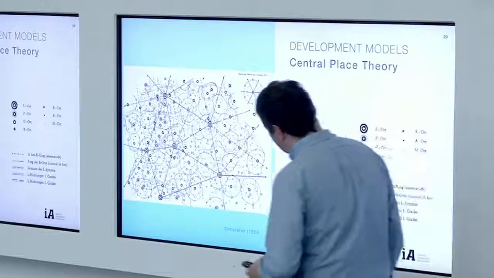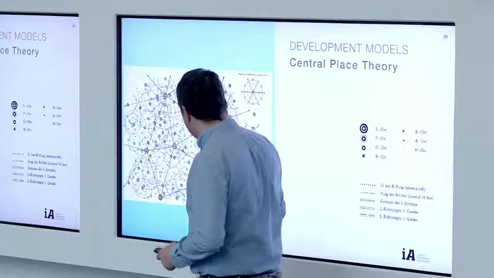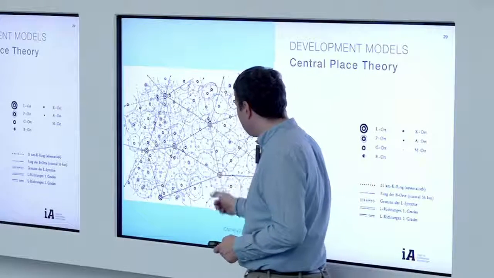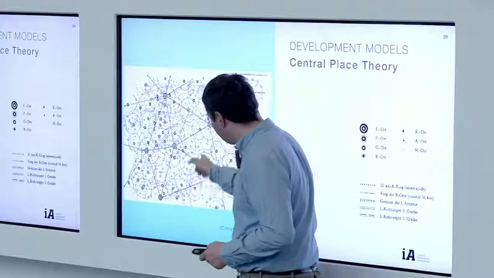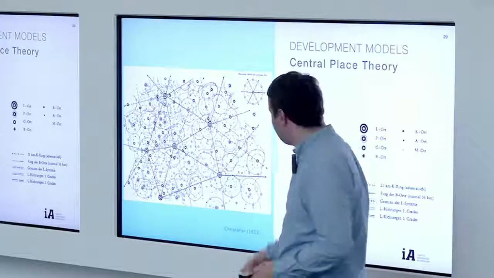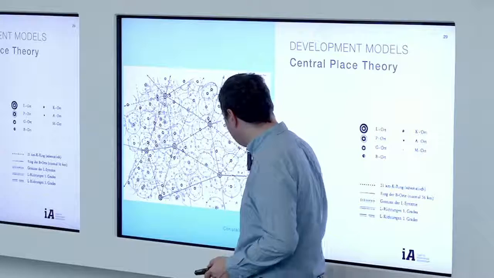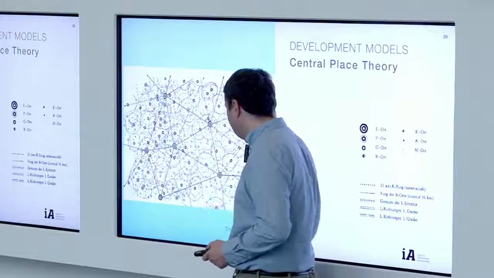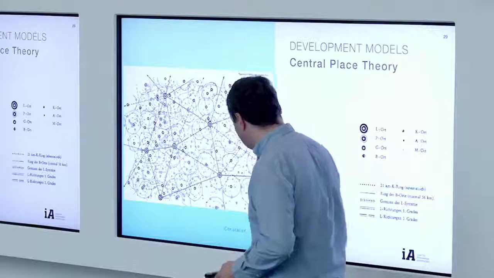Then you have the idea of Christaller, which was more on the regional level: certain regional focus points, and each point had certain attributes it should have. A bigger city should have a university and a big university hospital. A smaller city should have a small hospital and maybe higher education. The smaller ones maybe have shopping facilities, but not so much.